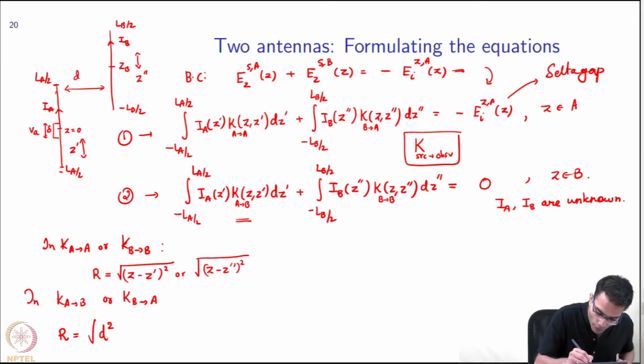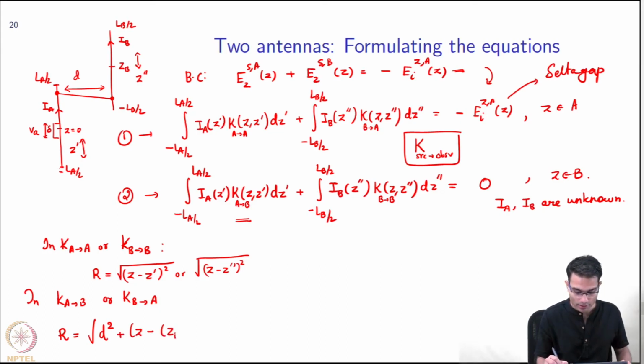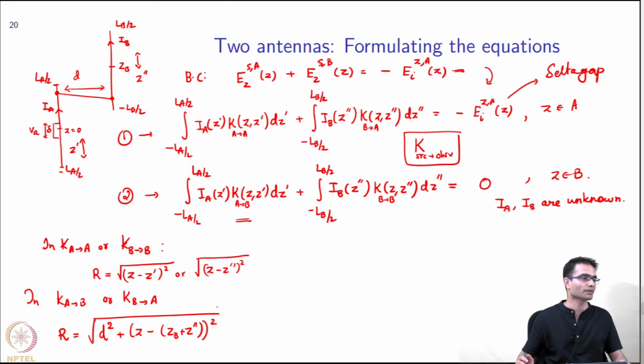So basically one point is over here and the other point is, let us say, over here in K A to B or B to A. So I will have a D squared plus something like Z minus Z B plus Z double prime squared. I have to just find out the relative distance between them. Z double prime goes from minus LB by 2 to LB by 2.